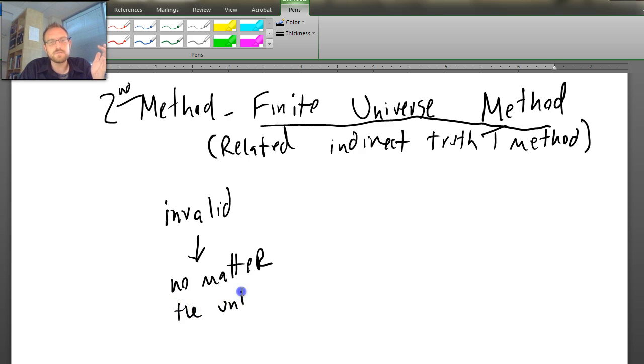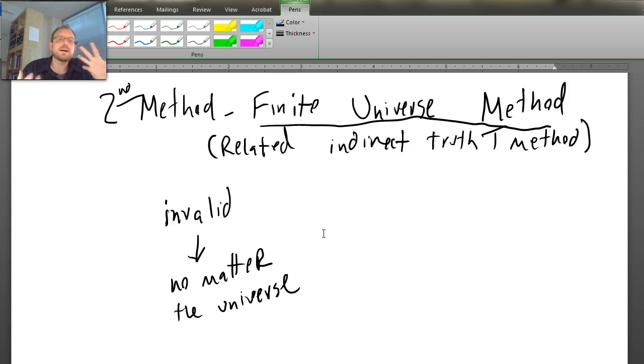No matter the universe. And also think about this: part of the problem we have with the counterexample method is that I need to find names that are universally recognizable, like Lassie, but some people don't know about those things because the universe is constantly changing.